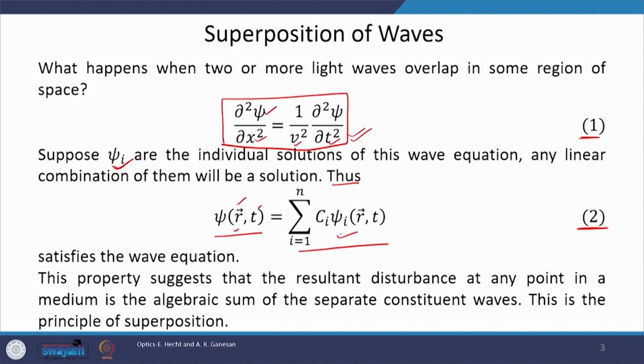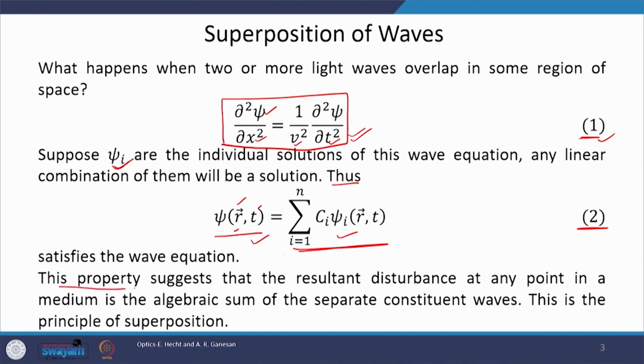Since the psi i's are solutions of wave equation 1, the linear combination will also constitute a solution of wave equation 1, and therefore equation number 2, that is psi, will also satisfy equation number 1.